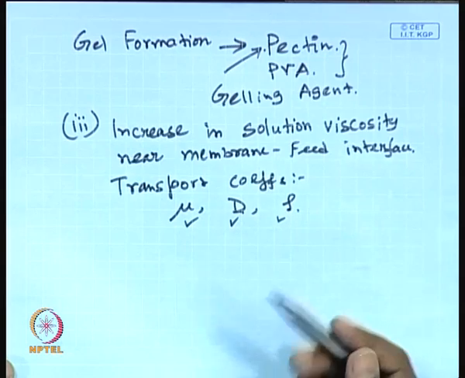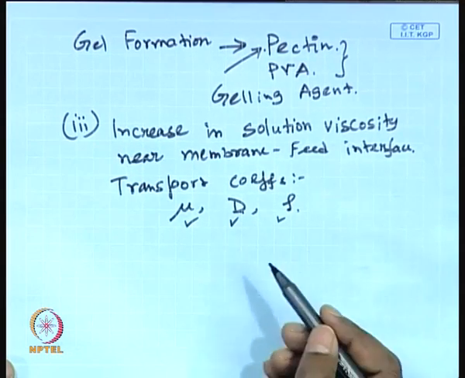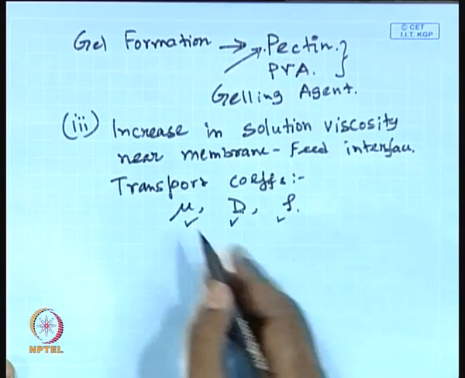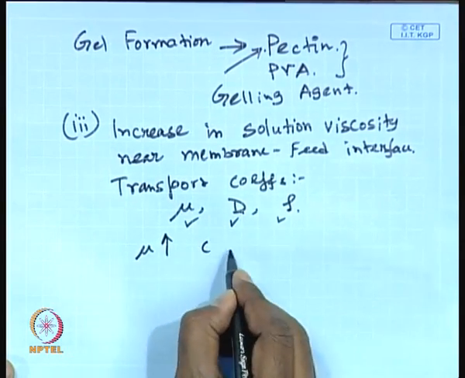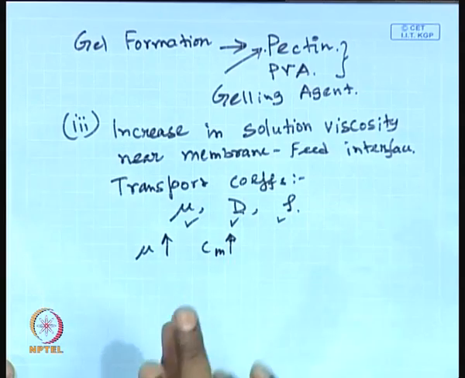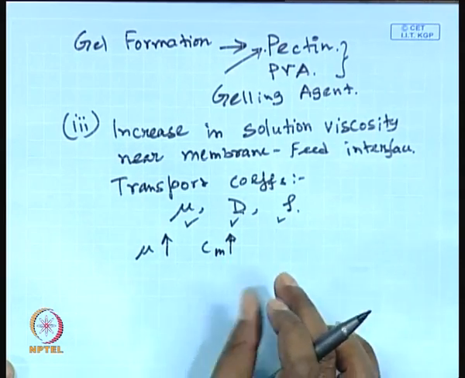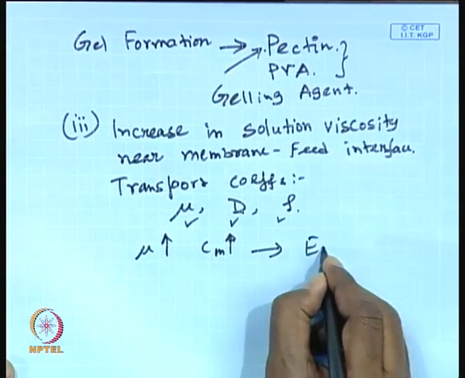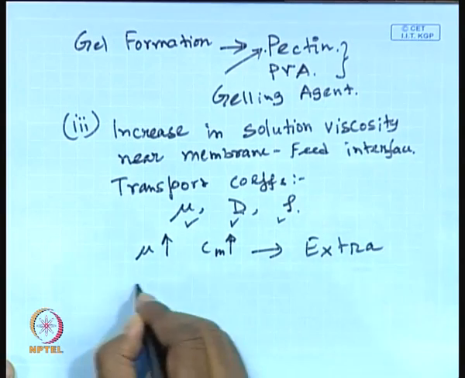So, for high concentration polarization, when the membrane surface concentration increases, your viscosity increases very high. That means a viscous solution is present near the membrane surface, and again it offers an extra resistance against the solvent flux.